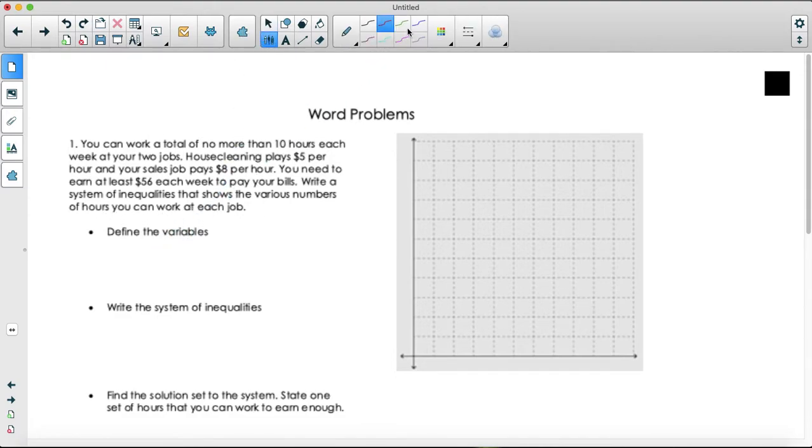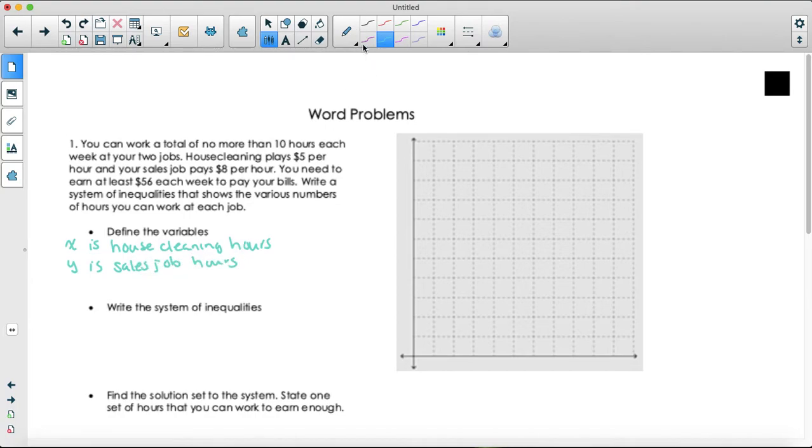So to define our variables, we can use X is house cleaning hours. We can use Y is the sales job hours.